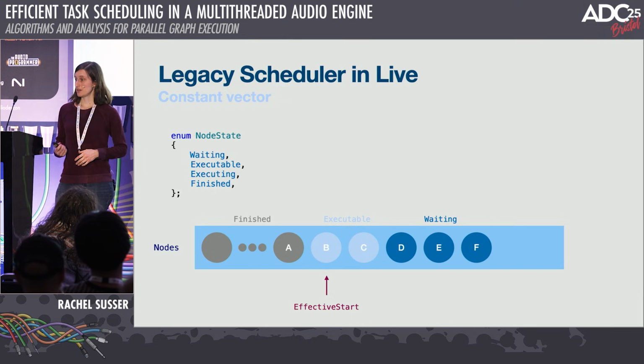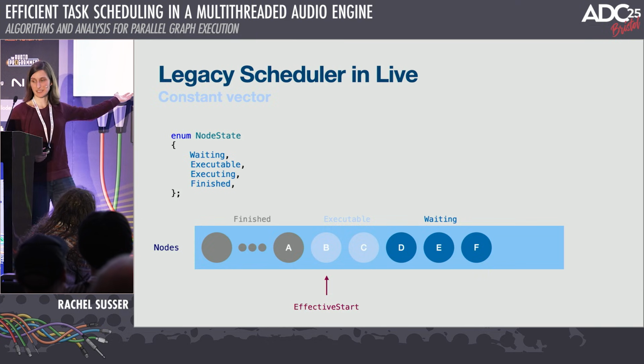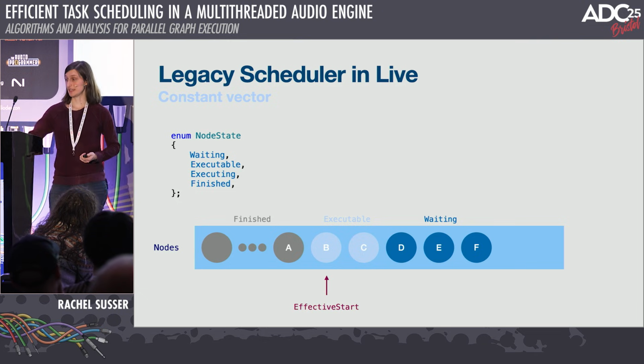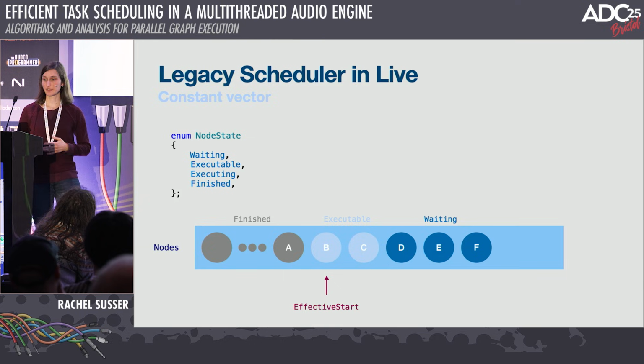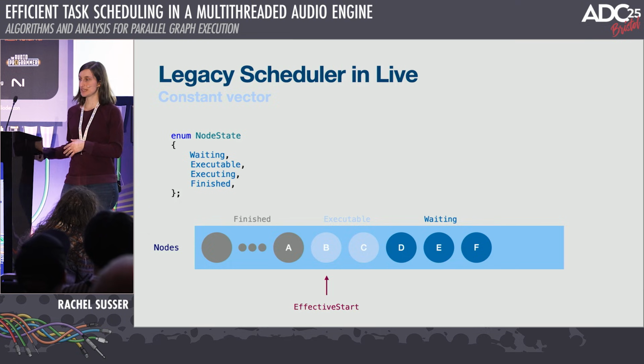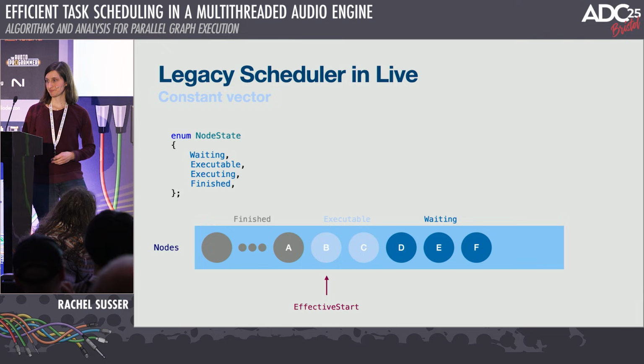Leaving out some small optimizations for the sake of simplicity, our scheduler basically just searched across this list of nodes, beginning with the effective start, and returned the next one that was ready to be executed. The Legacy 2.0 scheduler mostly keeps this approach intact, but it employs the optimization that we discussed earlier in the MPMC queue example, where each thread reserves the task that it plans to work on before waking additional threads.